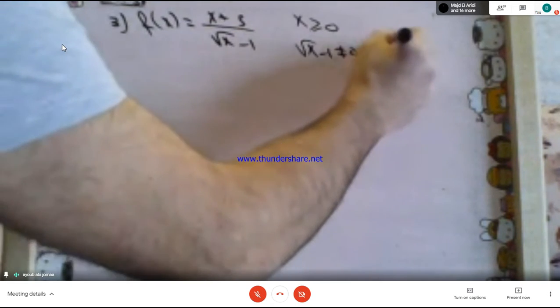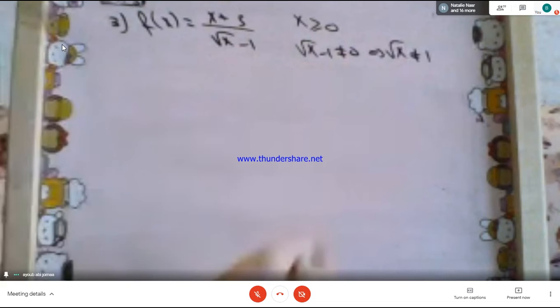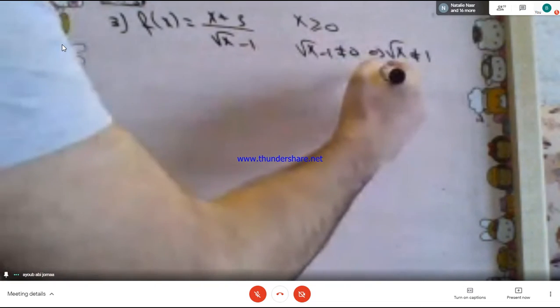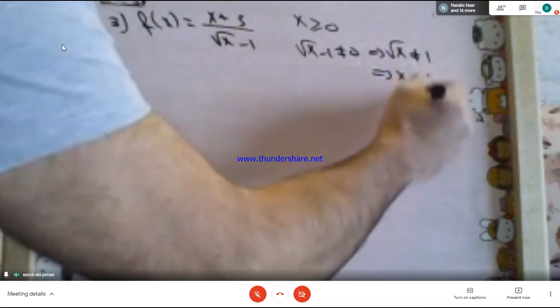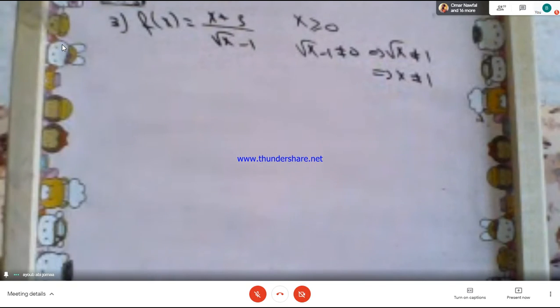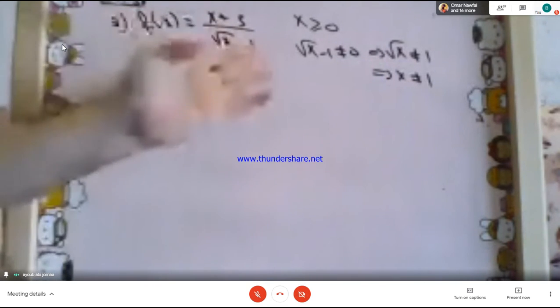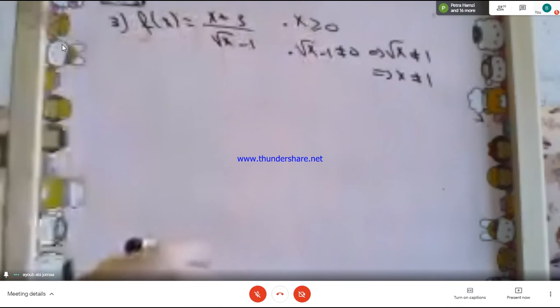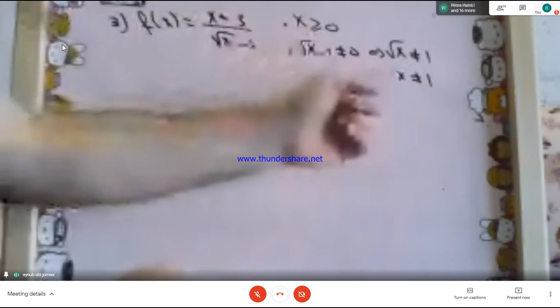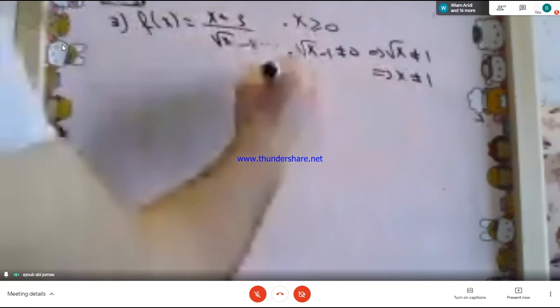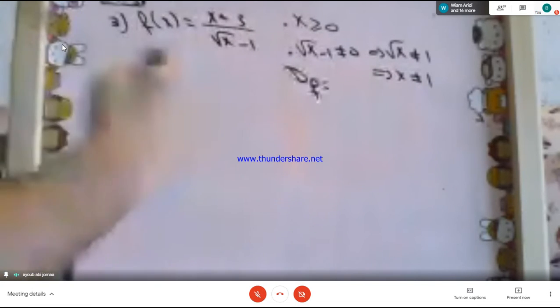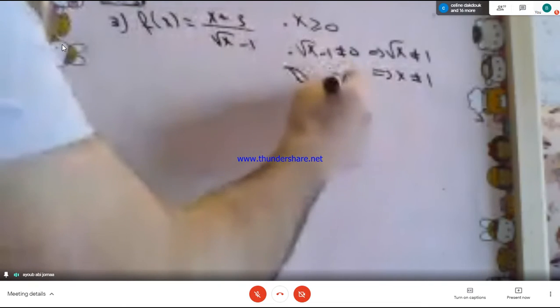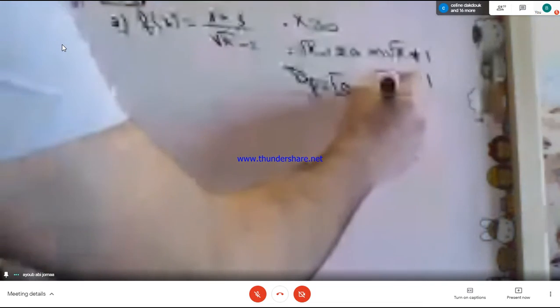That means that radical x should not be equal to 1. Square both sides. It means that x should not be equal to 1. So if you are going to write the domain of this function, it is greater than or equal to 0 but not 1.